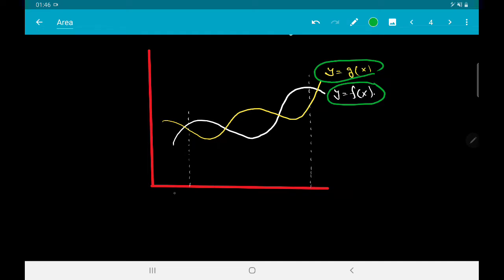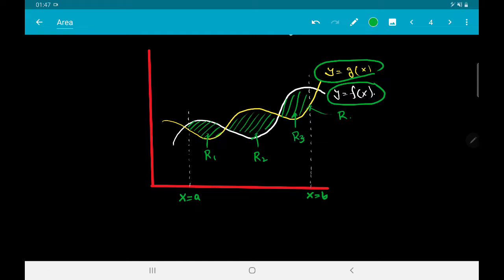And suppose we are looking at the interval x equal to a, x equal to b, and suppose we want to compute this region. So suppose I call my whole region R. I call the first region R1, the second region R2, the third region R3.